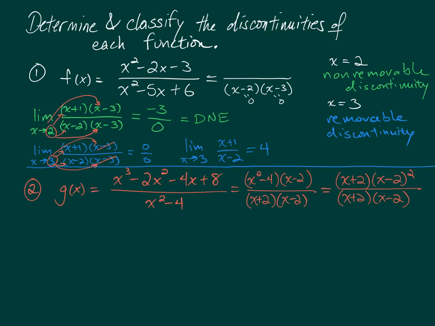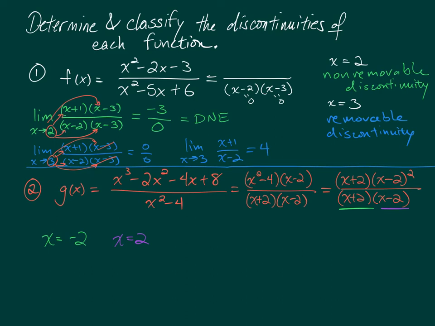The next step is to set the factors in the denominator equal to 0 and solve for x. The discontinuities for this original function are located at x equals negative 2 and x equals positive 2. The last thing to do is to come back to the factored fraction and simplify it.